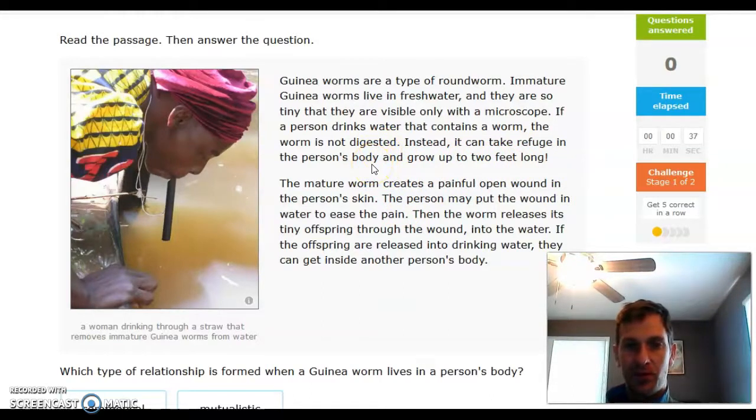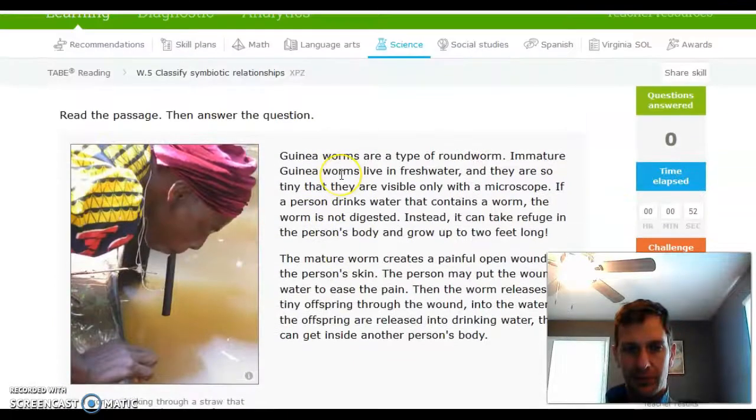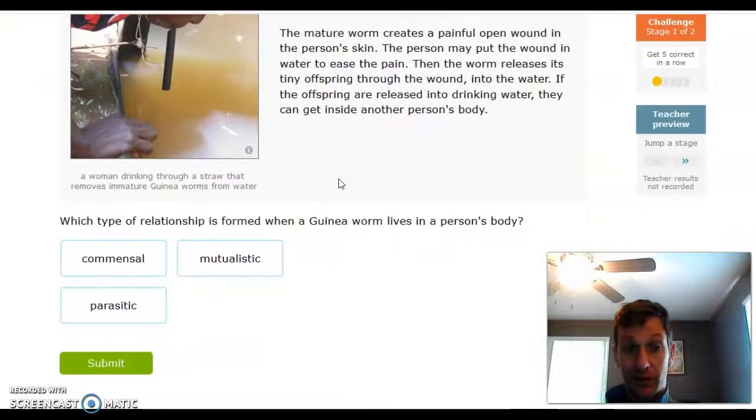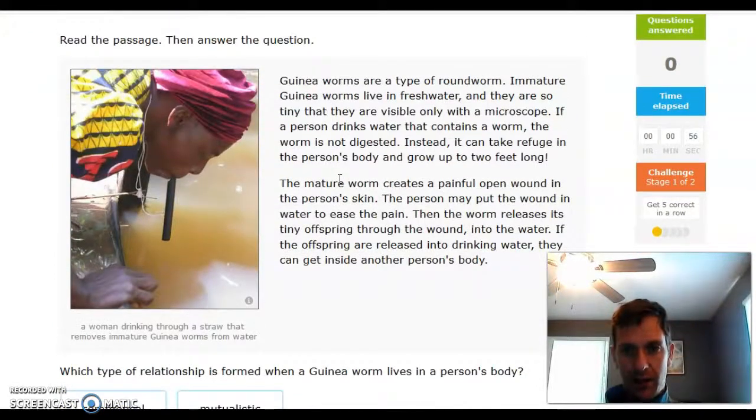The person may put the wound in water to ease the pain. Then the worm releases its tiny offspring through the wound into the water. If the offspring are released into drinking water, they can get into another person's body. Woo, okay.